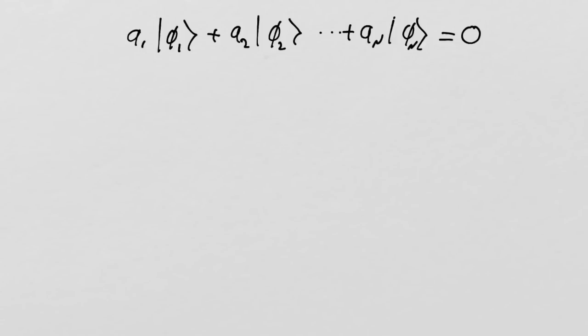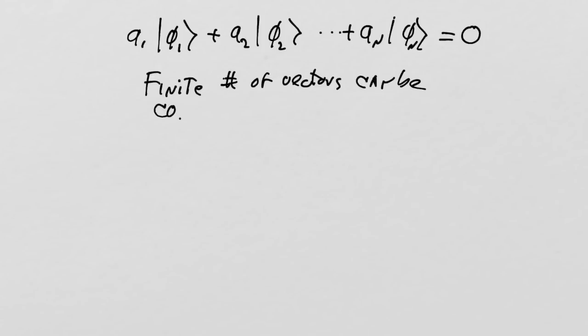And so the definition of linear independence is wrapped up in the idea that only a finite number of vectors can be confirmed as linearly independent.